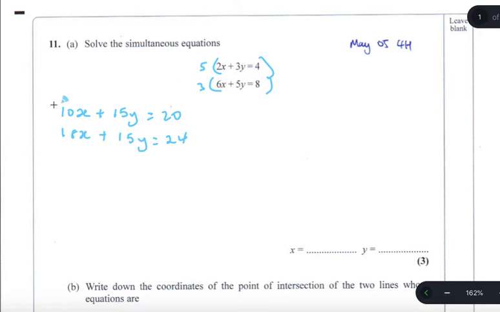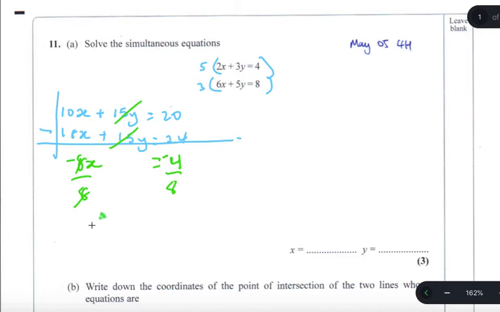When we subtract, the 15 will cancel out with that. 10 minus 18 is negative 8x, and 20 minus 24 is negative 4, so we divide by negative 8, and x will be 1 over 2.